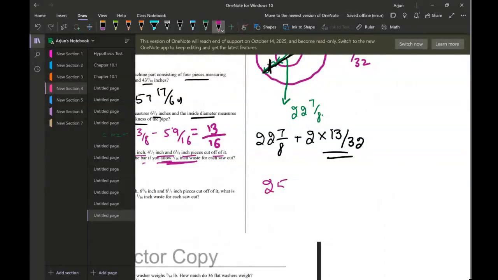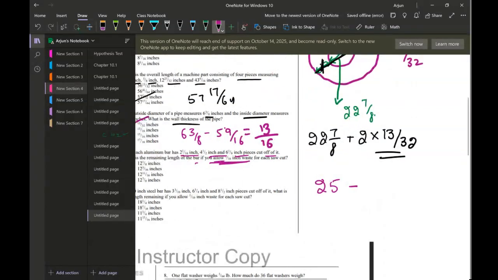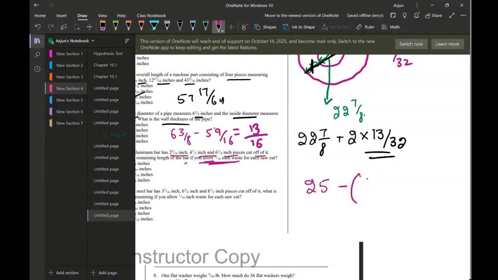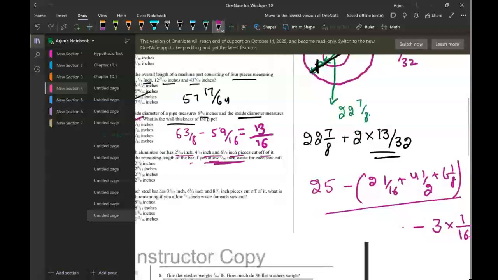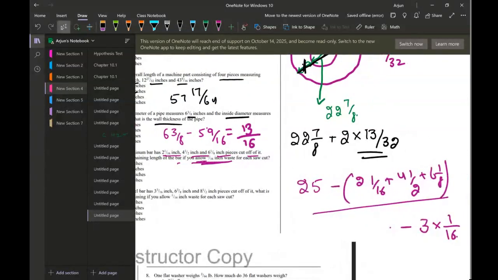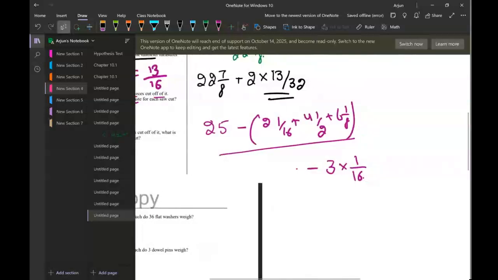So 25 minus, first of all, 2 1/16 plus 4 1/2 plus 6 1/8, and once you get this number, then subtract 3 times 1/16 also. So when you're solving these questions, you make sure you visualize them. That's really important. I'll talk about it in a moment. Let me just quickly do the calculation first.